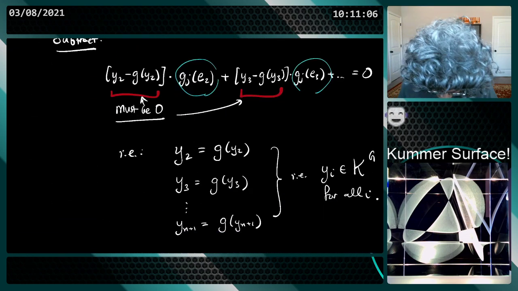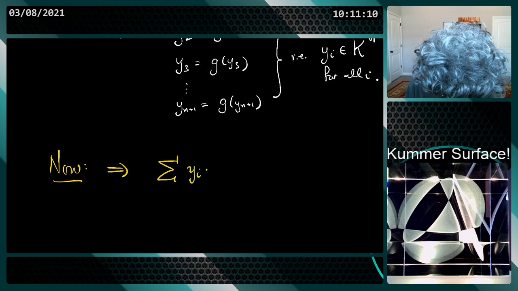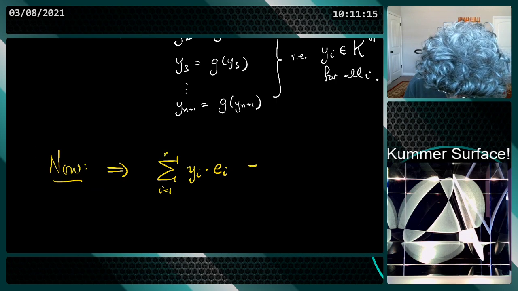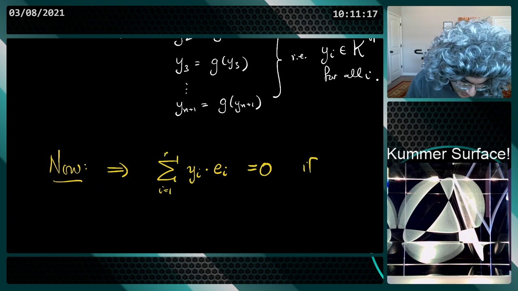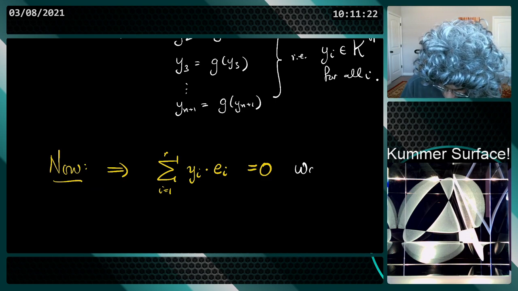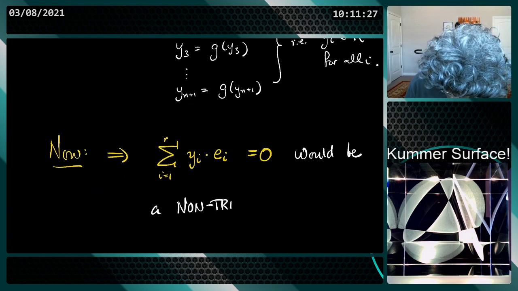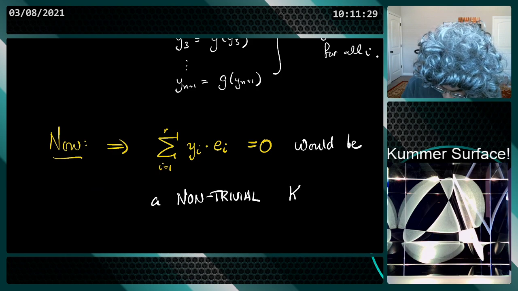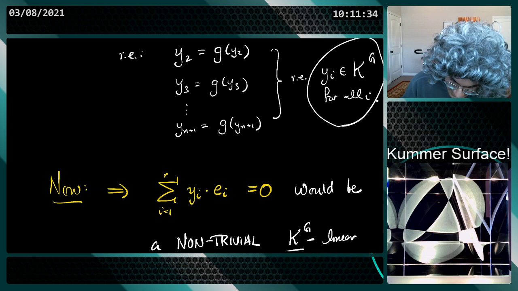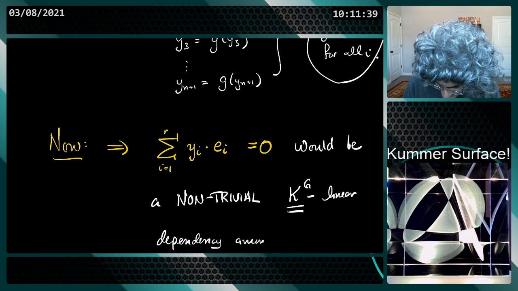You get that this would be a non-trivial KG-linear dependency among the Ei's.